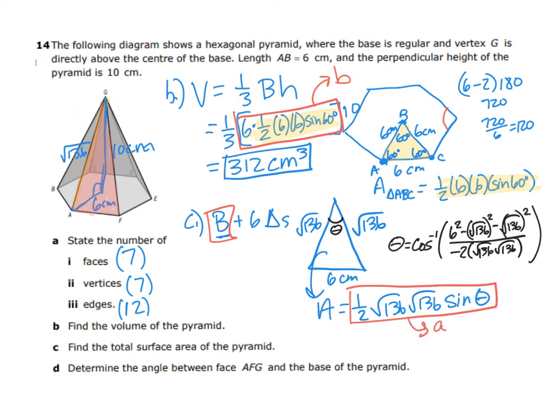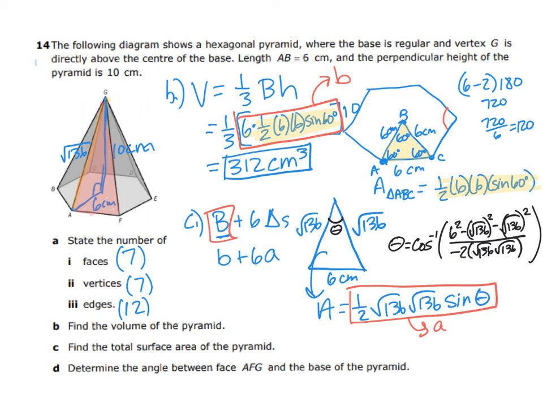To find this total surface area, we will take the area of the base, which I'm calling little b, that's 6 of those yellow triangles, plus 6 times little a, because little a was just one of these lateral faces.